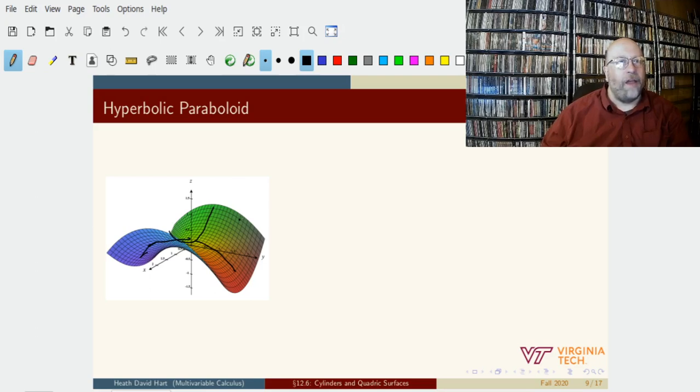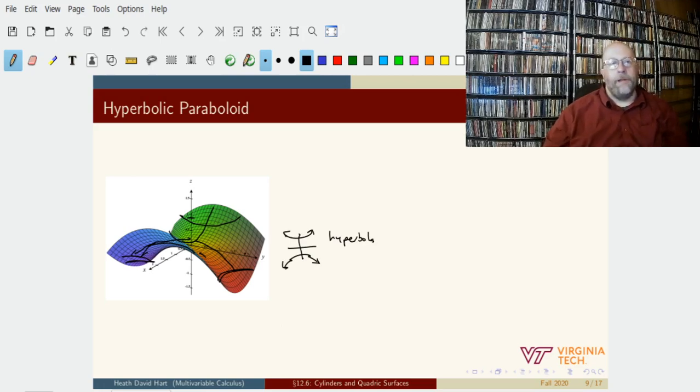If I were to slice through, let's say, z equals 1, I'd get a hyperbola with these two little pieces. A little piece up here and a little piece down here. Or if I were to slice down through the bottom, I would get a little piece down here and a little piece over here. And that creates that hyperbola shape, of the two little shapes that open away from each other.